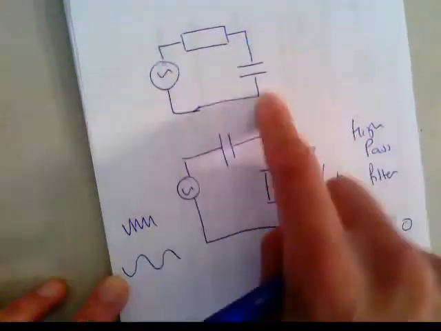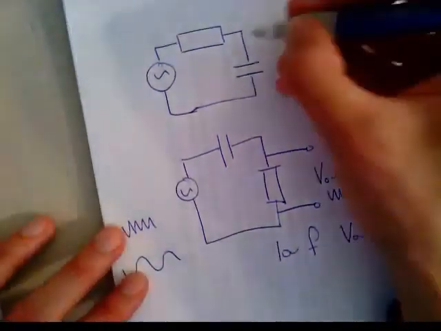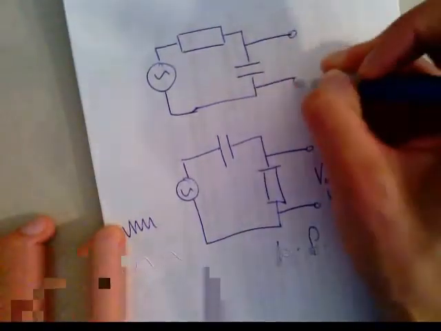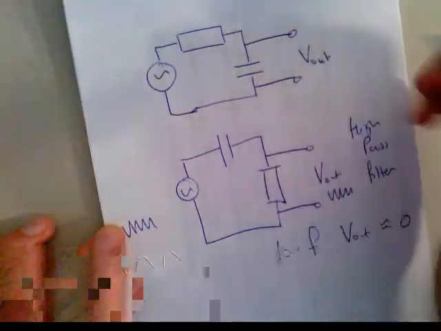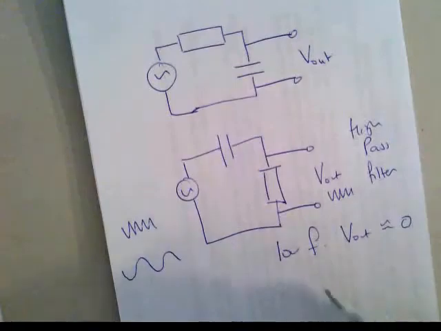Now this circuit is exactly the same as this one, the order doesn't matter, but if you tap your V out over the capacitor instead, then you will see the reverse happen.